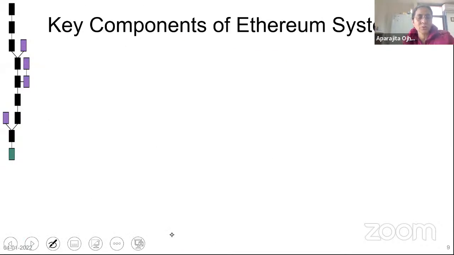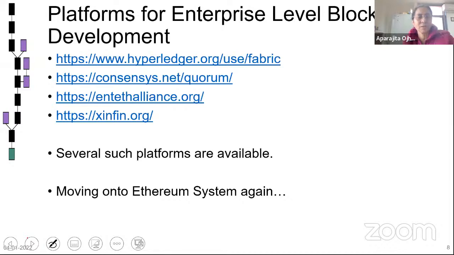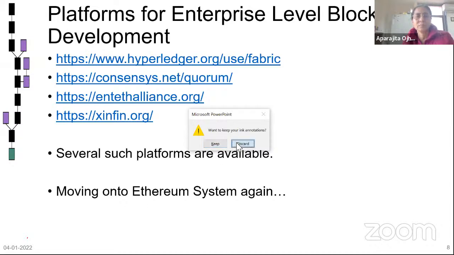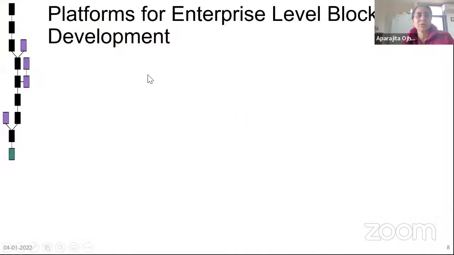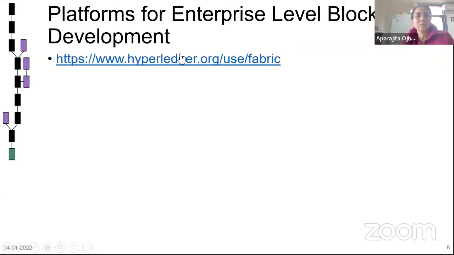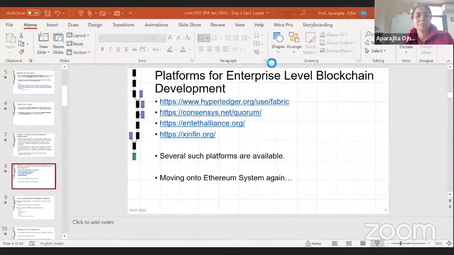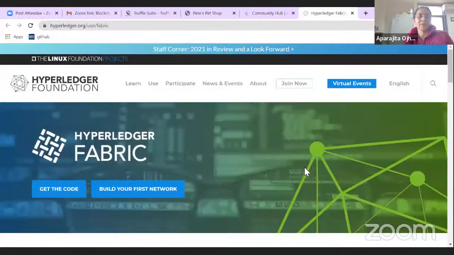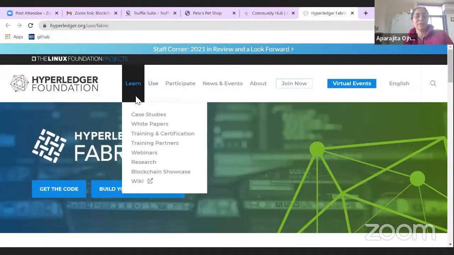Now moving on to Ethereum blockchain. Let me just show you one. Let me take you to Hyperledger Fabric. If you go to Hyperledger Fabric, here you can see a lot of learning material, like case studies, white papers, training and certification, webinars, research, everything is there.